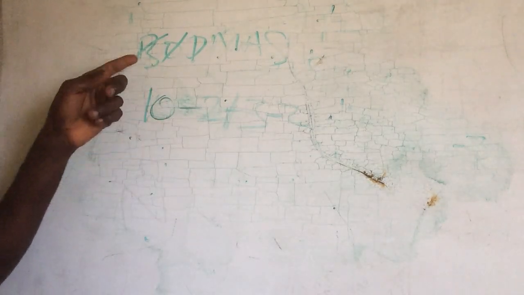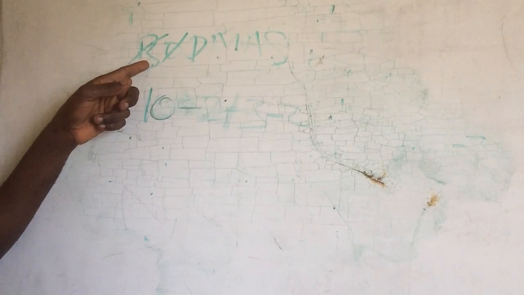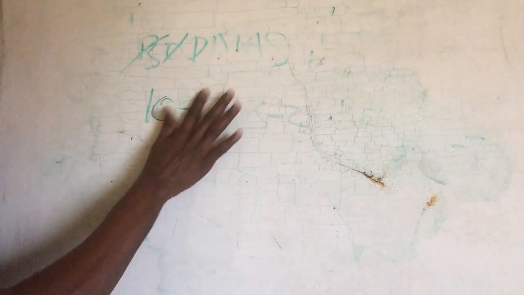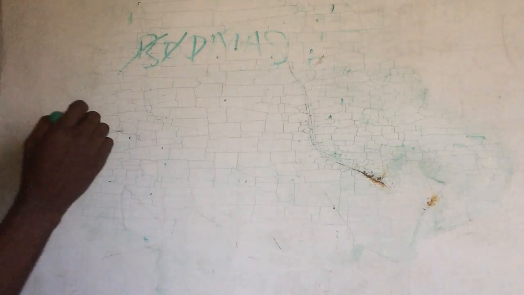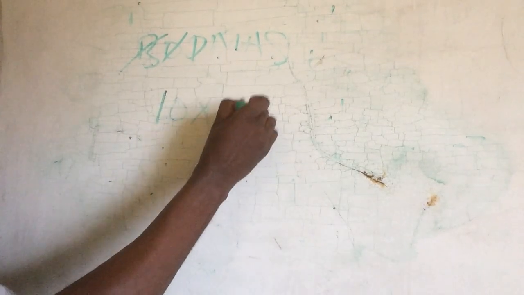You see, you still remember your BODMAS. Off is not there. Okay, let me take away the division sign, because I want to reduce it for you to get more knowledge on this. So now you see 10 times 2 plus 1 minus 2. What is the next?